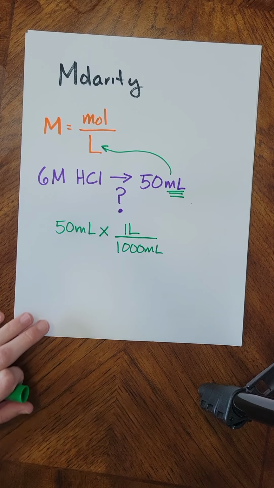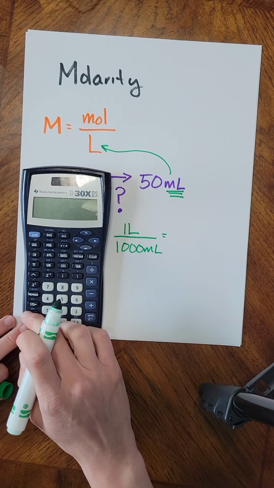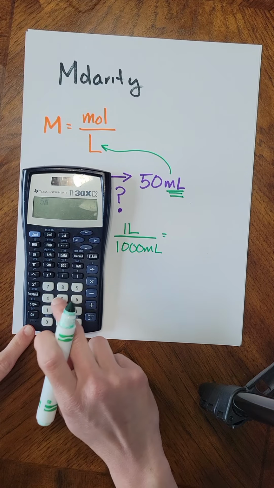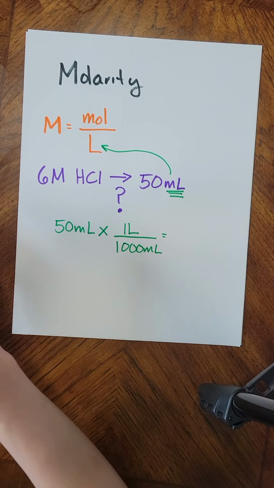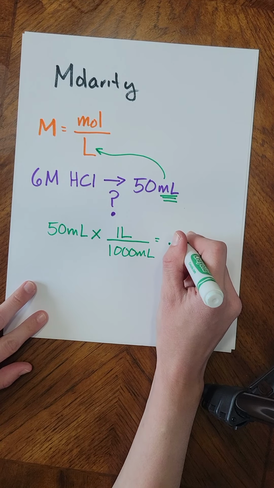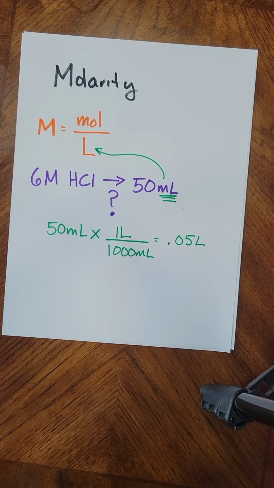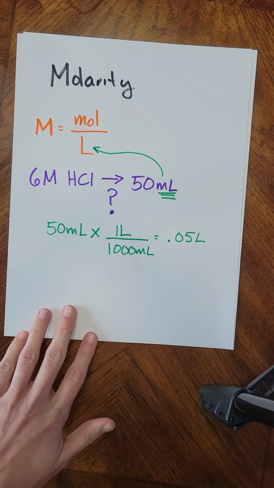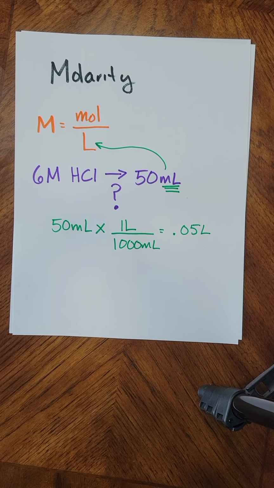There's 1,000 milliliters in 1 liter. So if you're not comfortable with just moving the decimal method, you can always rely on your calculator. So 50 divided by 1,000 is 0.05 liters. So we used 0.05 liters of hydrochloric acid in our penny lab.